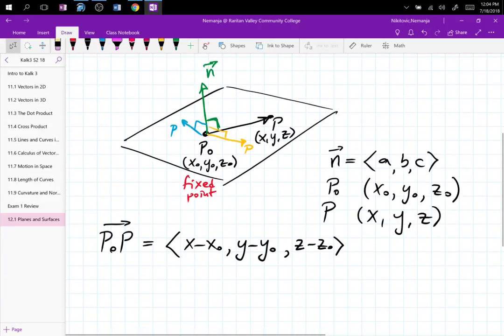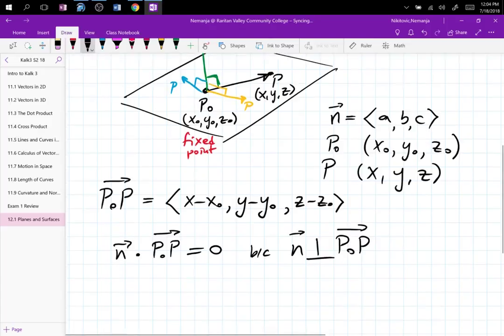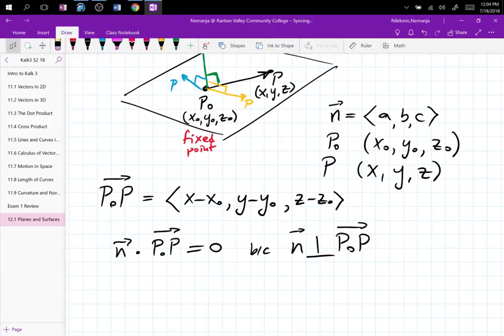Very good. So I'm going to say that the dot product between the vector n and the vector P0P needs to be 0 because vector n is orthogonal to P0P. That's the explanation why.